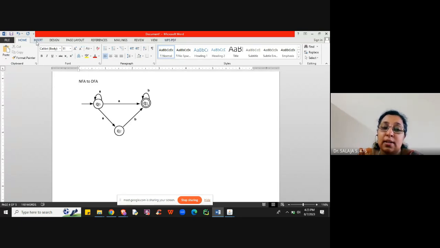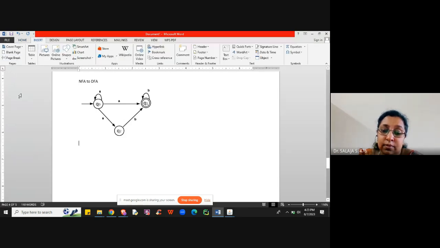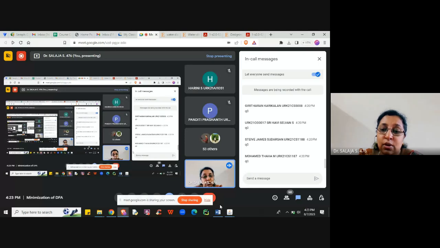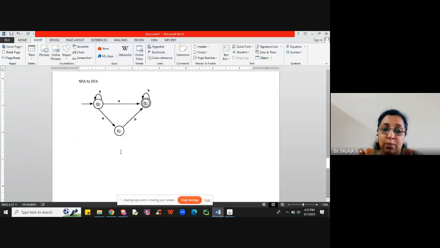Which one is the initial state of the DFA? Q naught is the initial state. The initial state of the NFA will act as the initial state of the DFA.